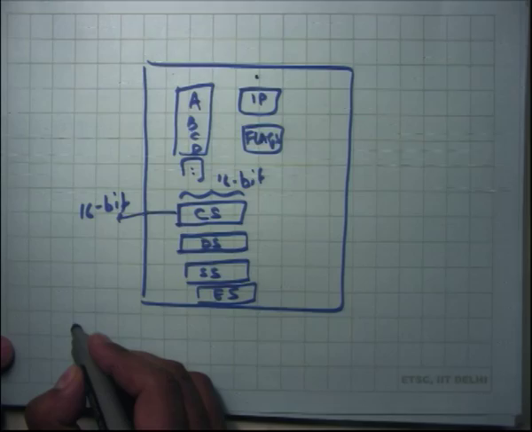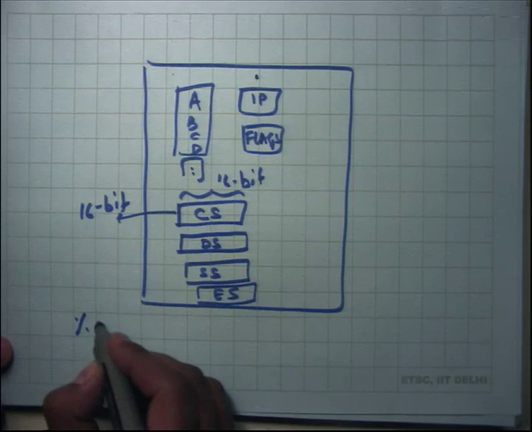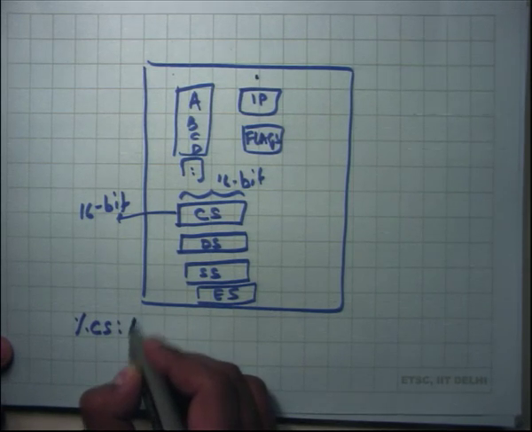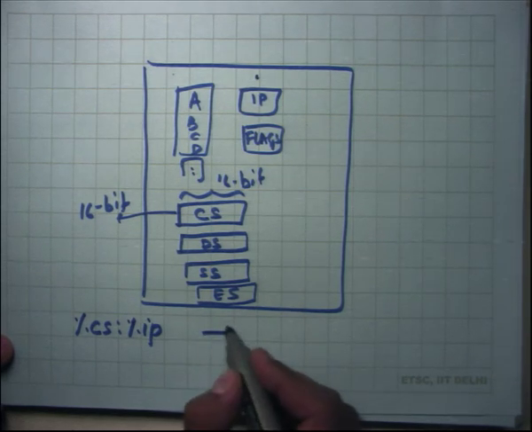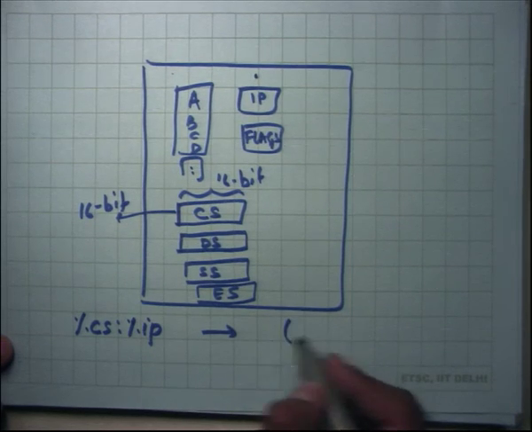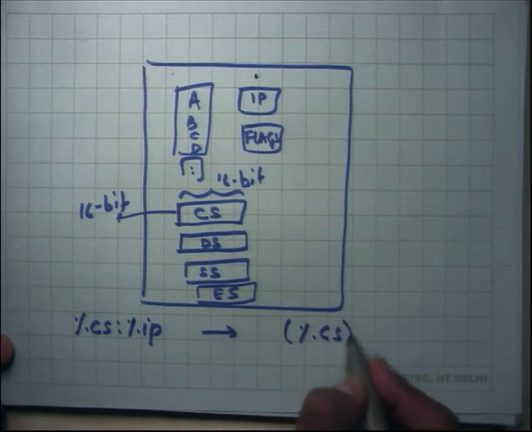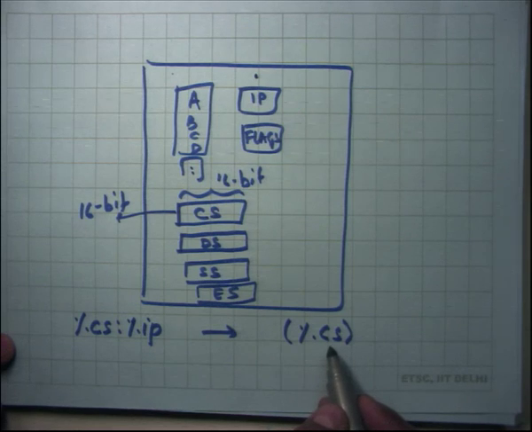So I would either say %CS colon %IP. This is the full address that I want to access, and the semantics of this is that the value of CS.